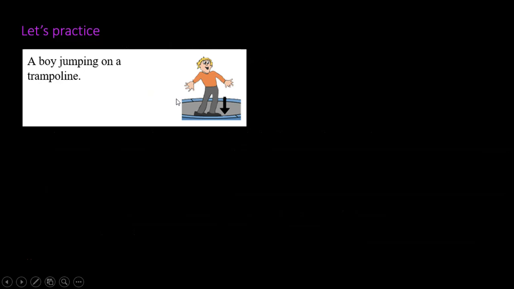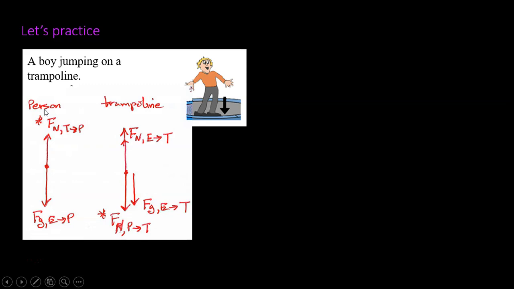We have a boy jumping on a trampoline. So the first thing we have to do is draw a force diagram for the boy and a force diagram for the trampoline. So for the boy, or I'm calling him the person, we have the force of gravity pulling down on the boy, and we have the normal force of the trampoline pushing up on the boy.